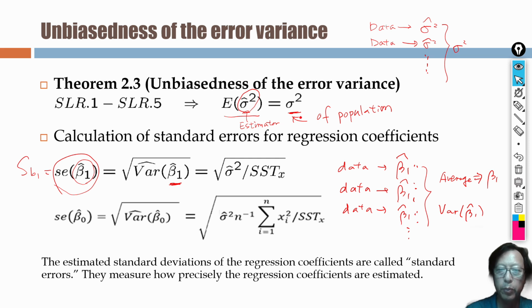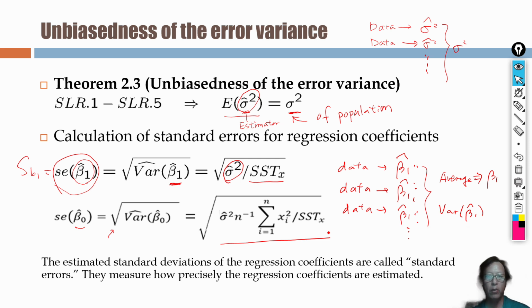So that depends on our error term, divided by the SST. And the same thing, we can calculate the standard error, which, since it's a square root, is like a standard deviation of the estimate of beta 0, calculated this way.